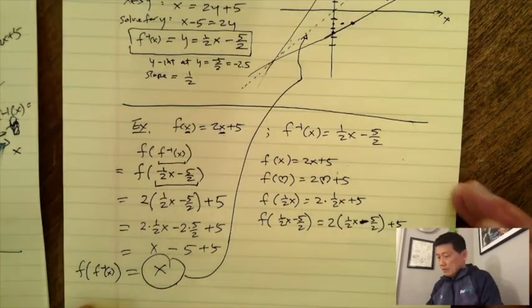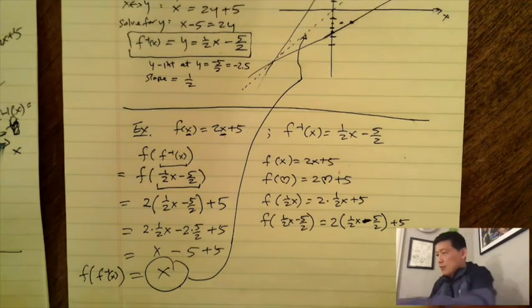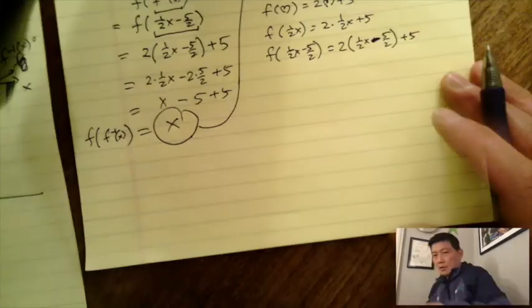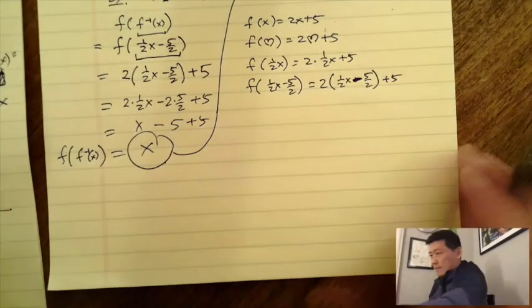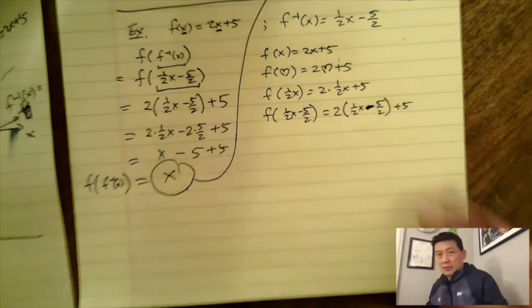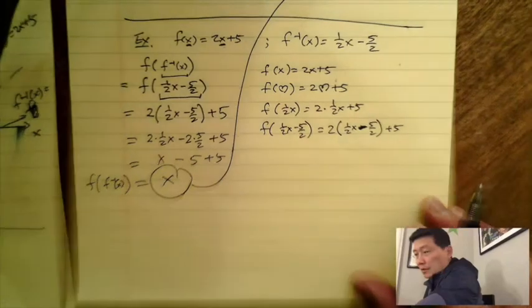Likewise, if we do it the other direction, will it still work? Let me try it this way. I think I'm running out of page space. Let's take a look at this.